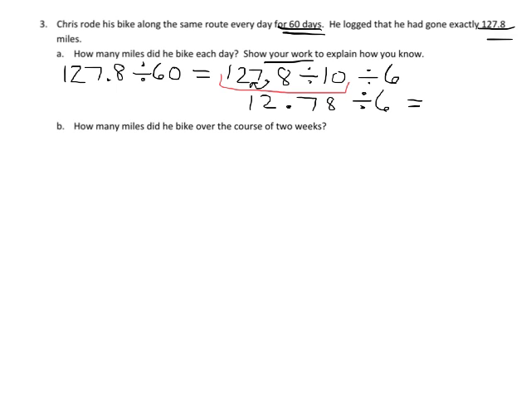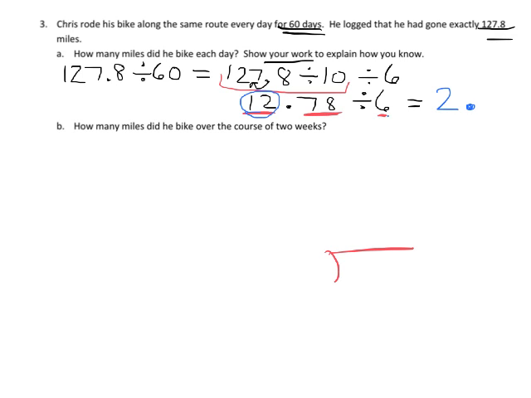We can do this using logic. So first you have 12, and we're going to divide by 6. Well, 12 divided by 6 gives us 2. So we have 12 wholes divided by 6 gives us 2 wholes. There's our decimal. Now, 7 divided by 6, we could do that, and it has a leftover, but let's think of this as 78 hundredths.